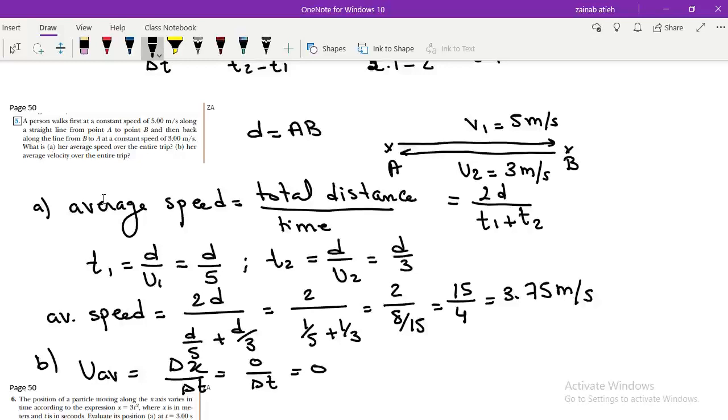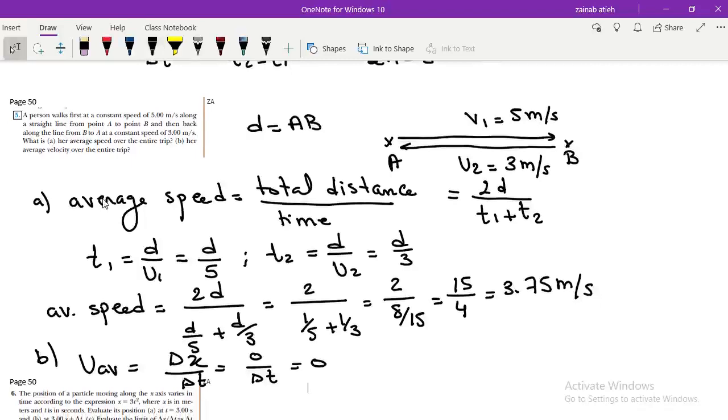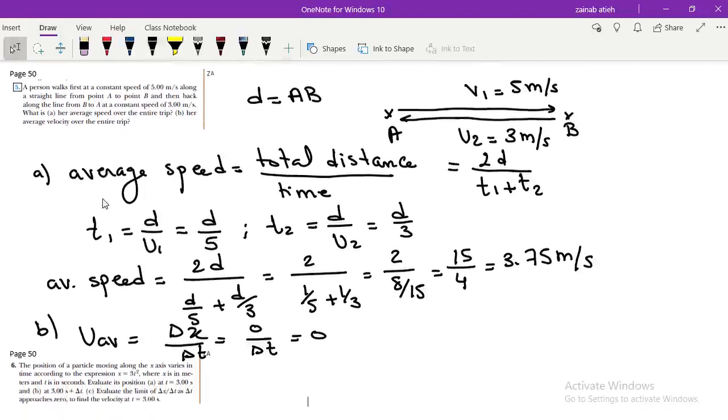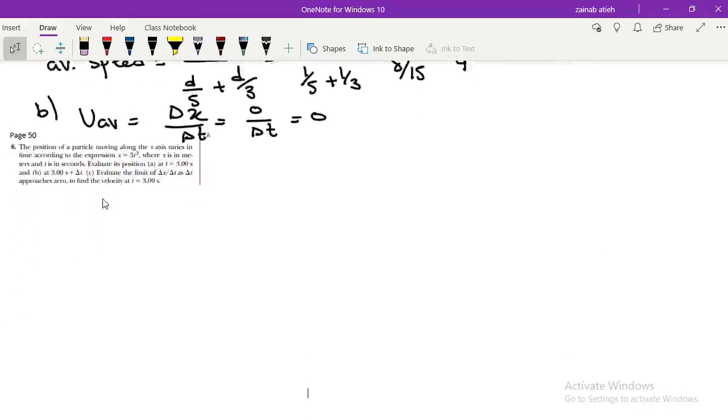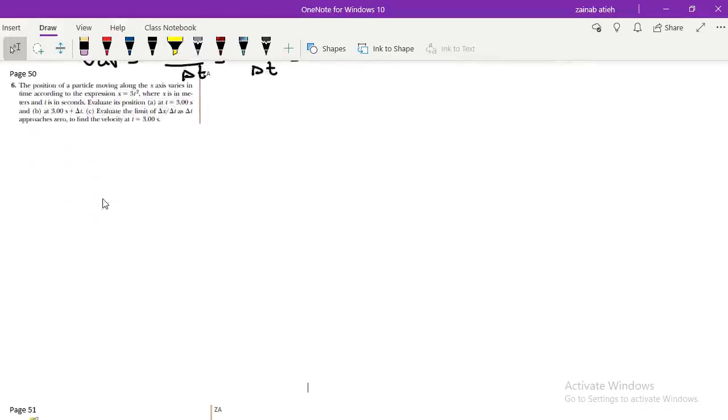Let's now move in the same page to problem 5. Let me move down a little bit. Problem 5, on page 50, says the position of a particle moving along the x-axis varies in time according to the expression x equals 3t squared.